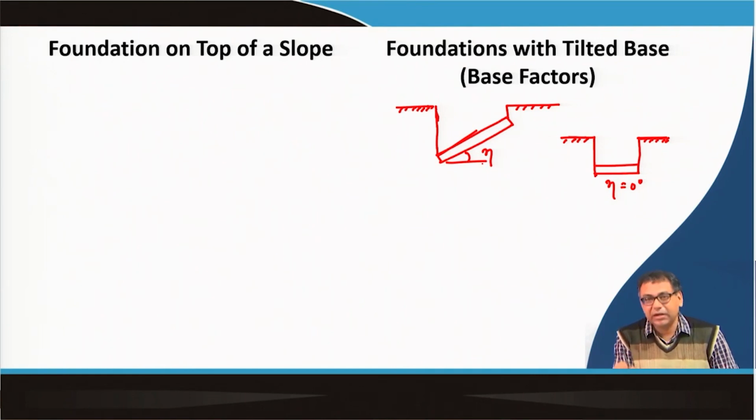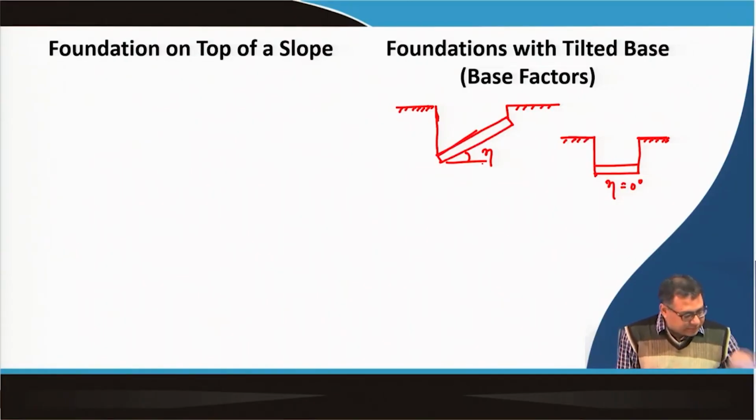Then how can we determine the bearing capacity? Another case is that the foundation may be on sloping ground. Then how can we calculate these bearing capacities, when our foundation is on sloping ground?